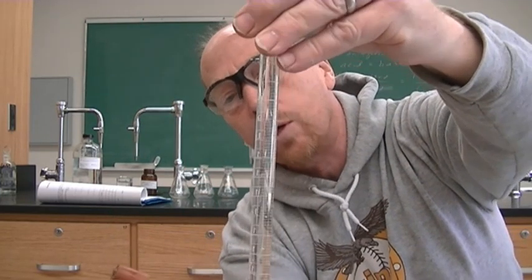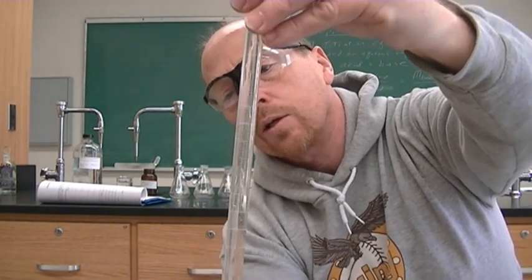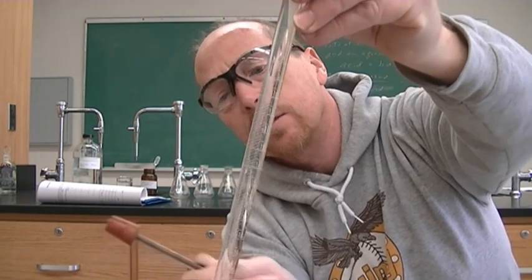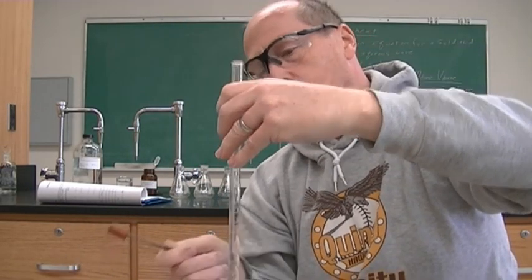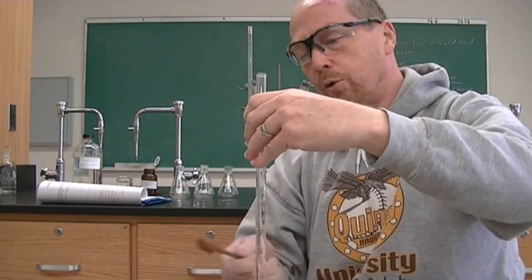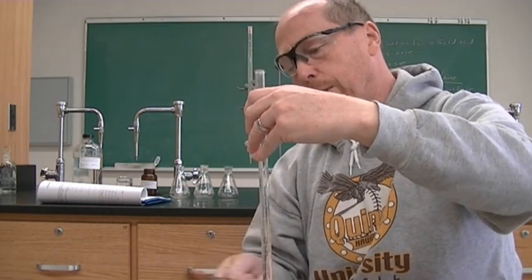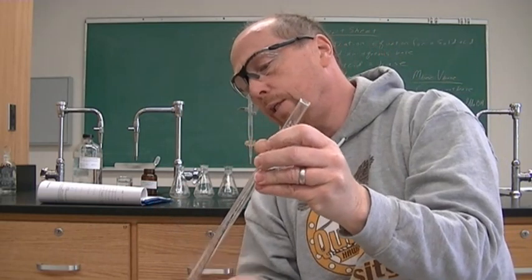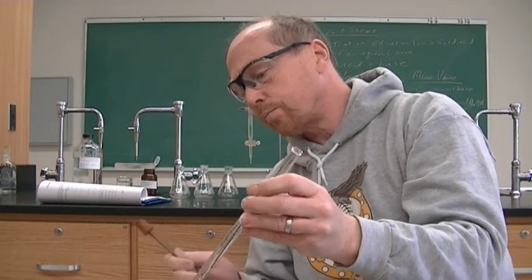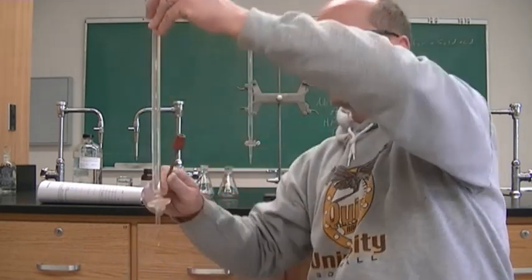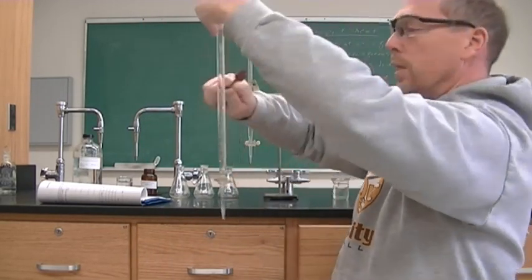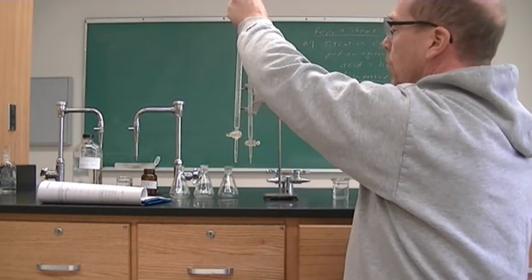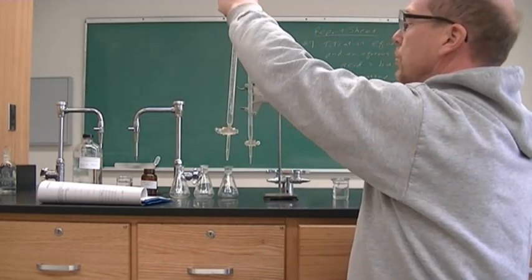And so I'm loosening the air bubbles, getting rid of all of the big air bubbles before I put it back on the burette stand. Alright, so there's going to be a couple, oh there they go, okay. Alright, good. So I got rid of most of the air bubbles. Oh, there goes another one.